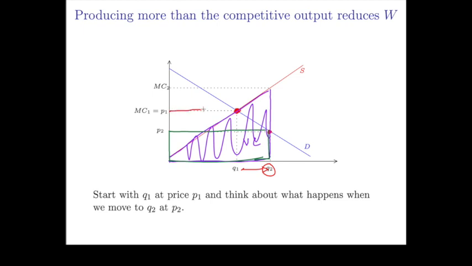They used to get this area as producer surplus. They're going to lose that. This portion of their variable cost they're going to recover, but this portion of their variable cost they're not going to recover via revenue. So the loss of producer surplus is actually going to be this entire area.